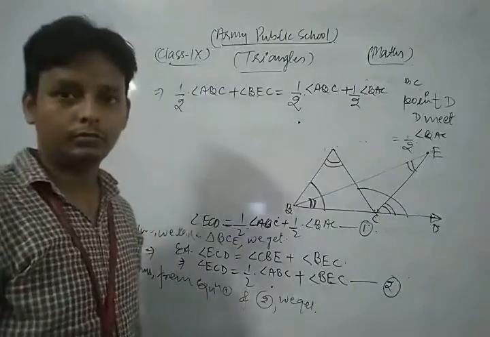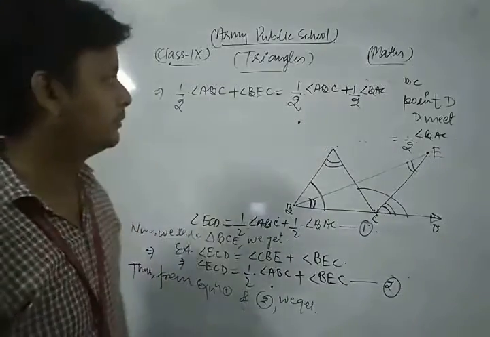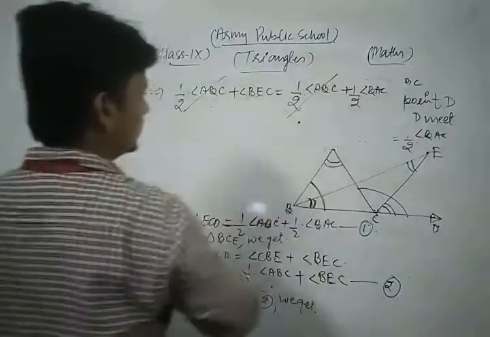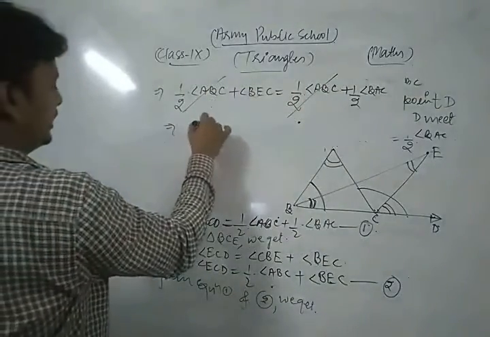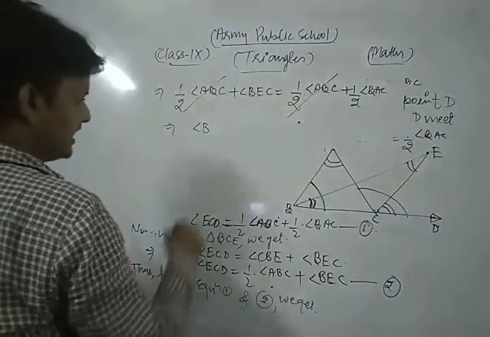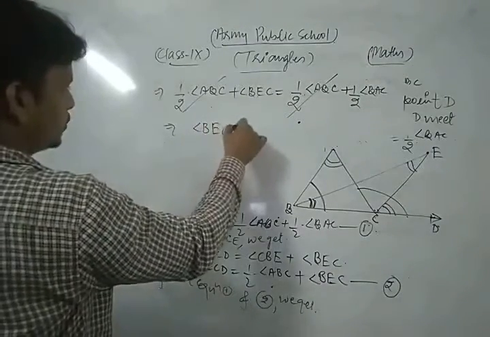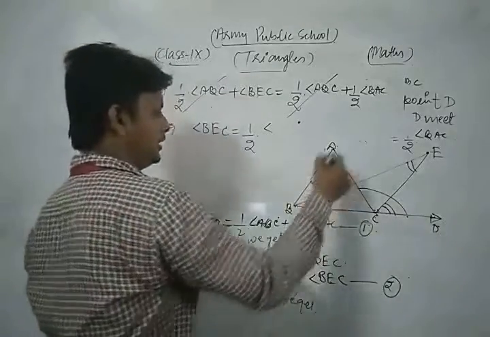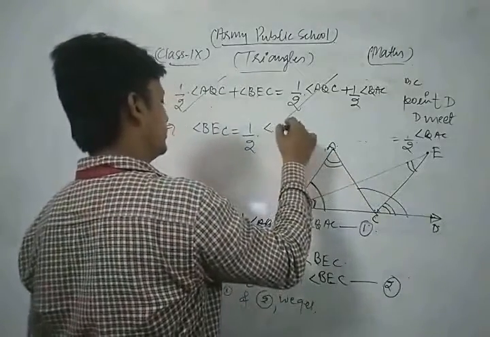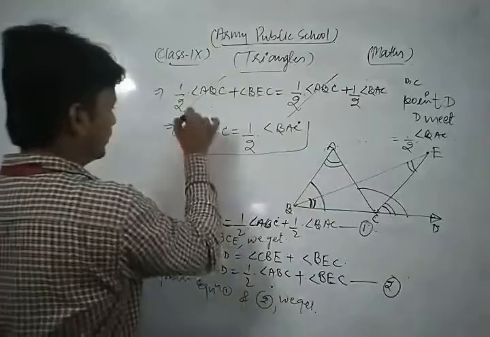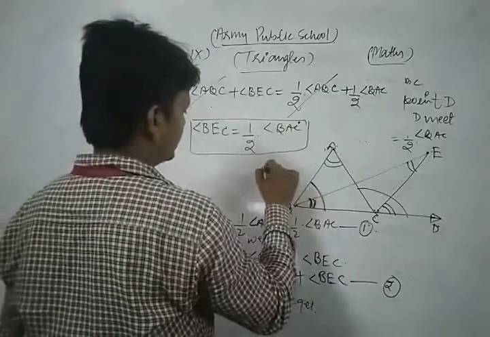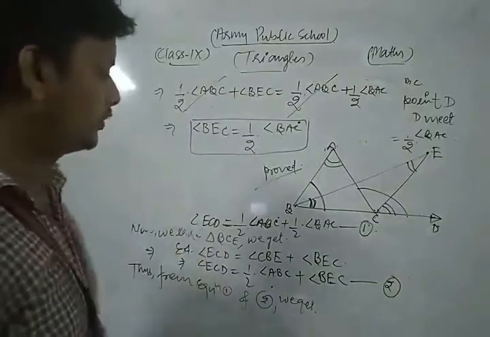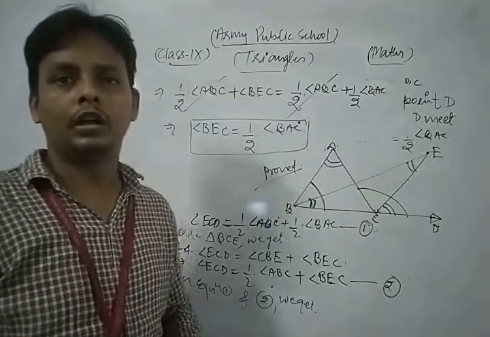Now we simplify these results. Half of ABC is cancelled on both sides, so we get angle BEC is equal to half of angle BAC. Hence we prove this question. So in this way we solve and prove this question.